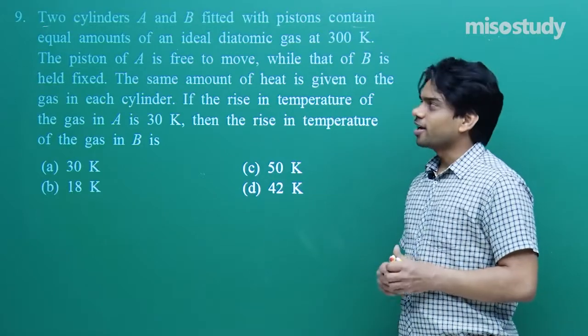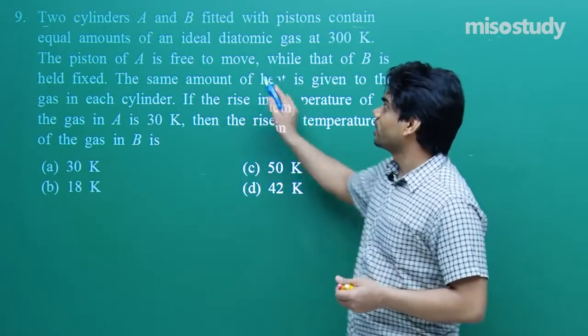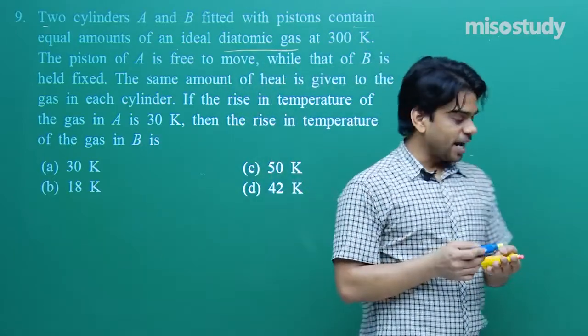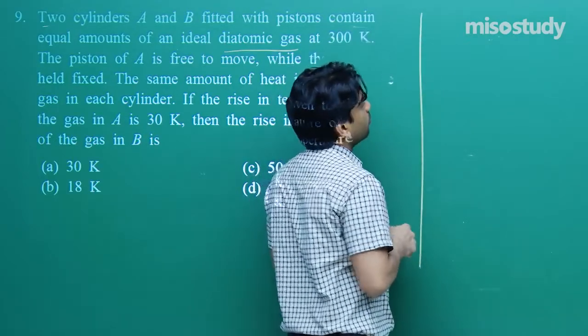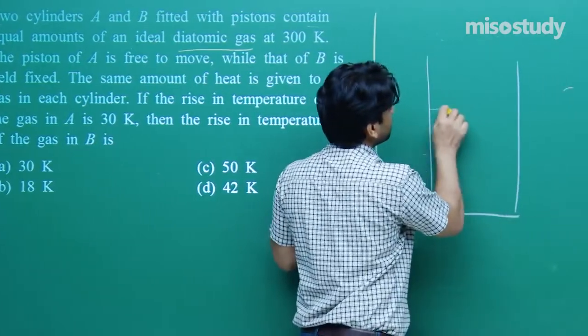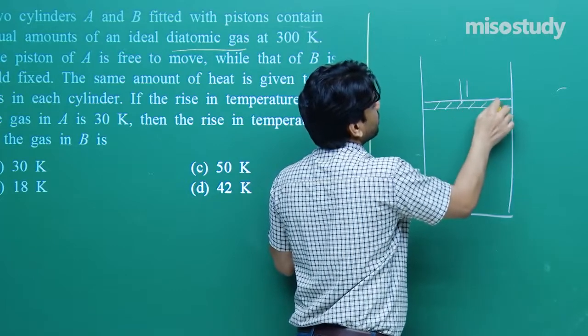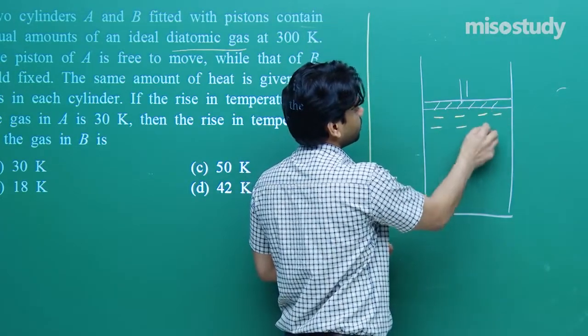Two cylinders A and B fitted with pistons contain equal amount of an ideal diatomic gas. Let me first try to make a diagram from the first given information. Fitted with piston, so I have taken two cylinders fitted with piston. Ideal diatomic gas is filled in both.